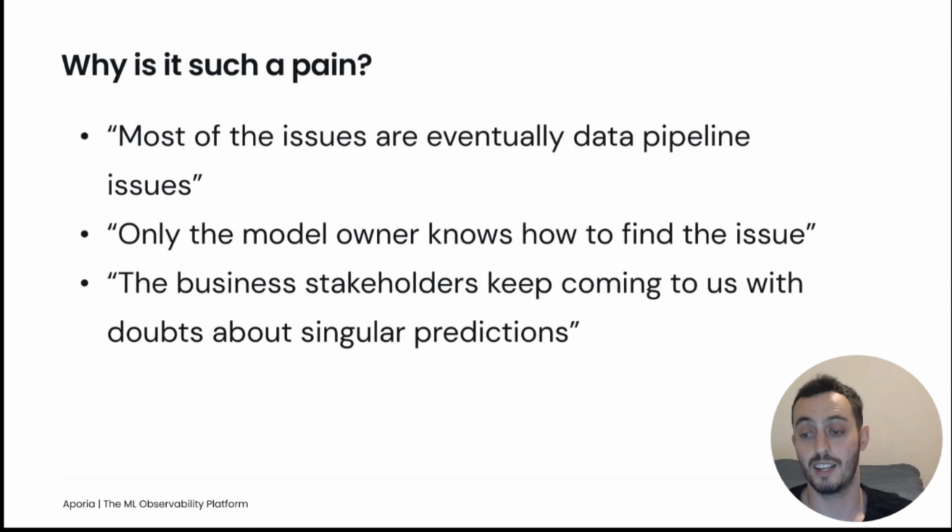So that means that you're only aware of issues when business stakeholders are aware of issues. And business stakeholders are aware of issues only when they're actually affecting the business. So obviously you don't want to be in this situation. That means that you're pretty much reactive.